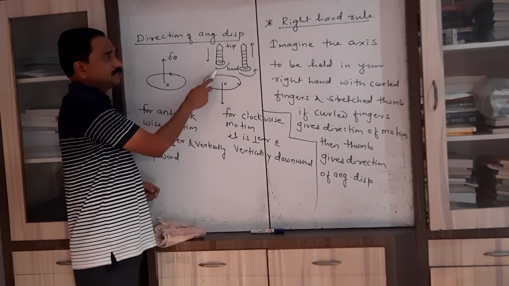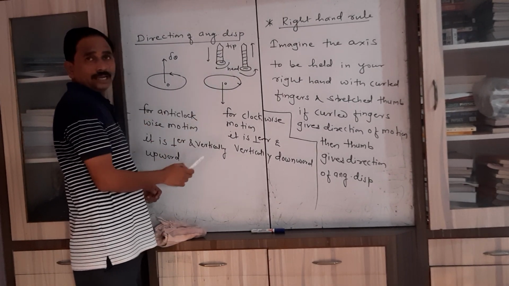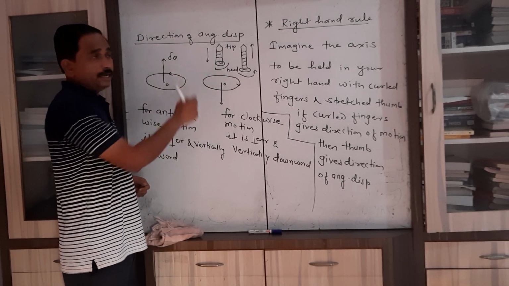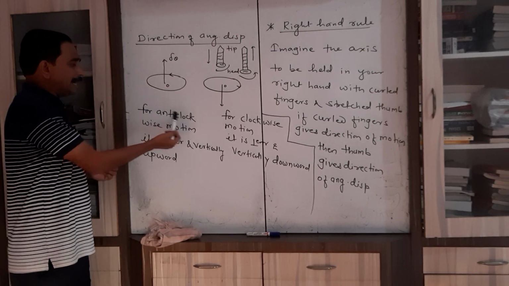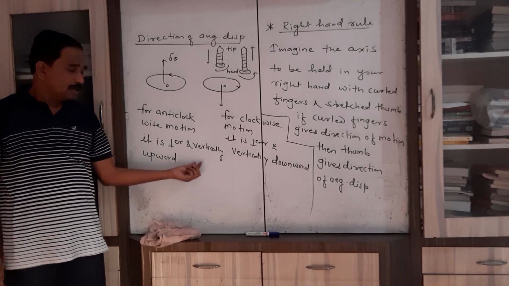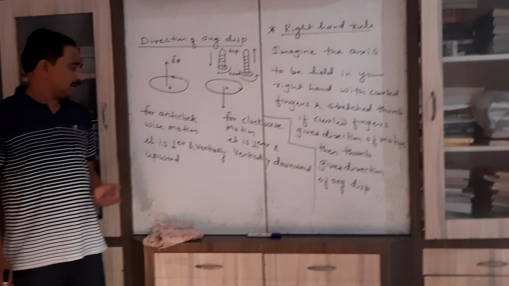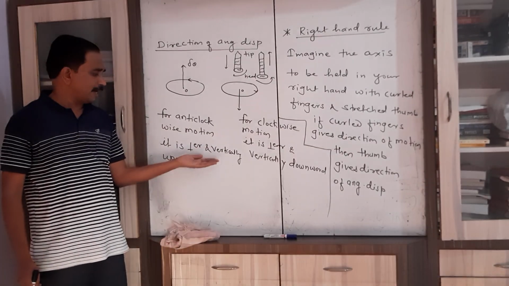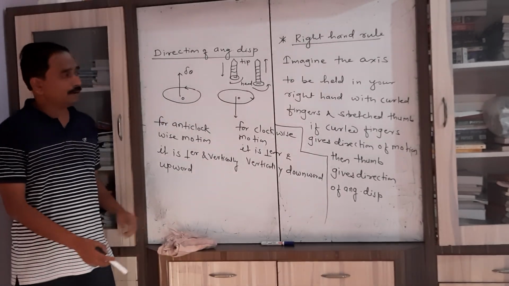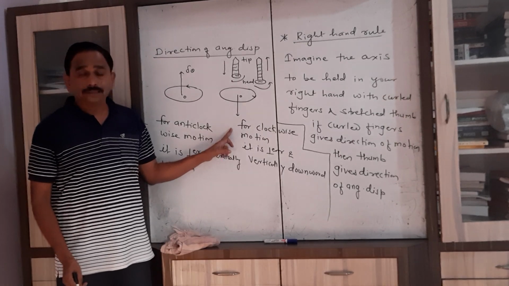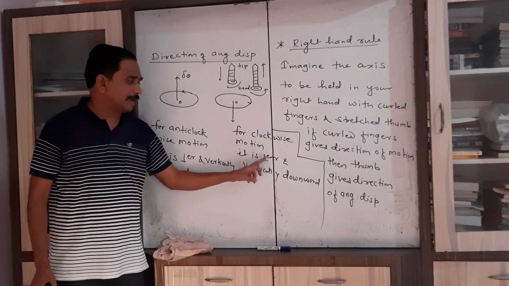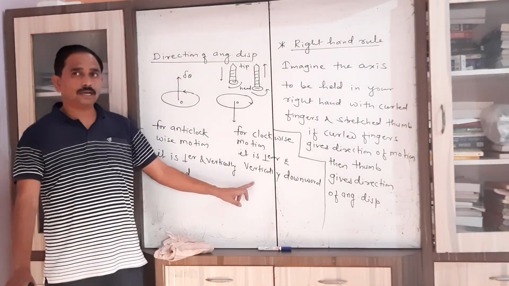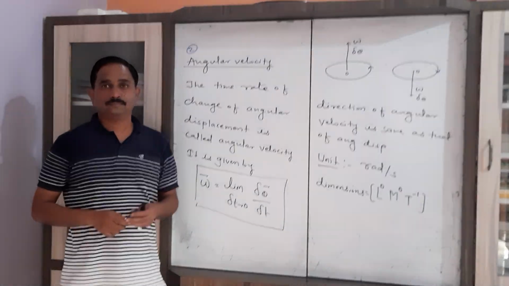If we rotate the same screw in clockwise direction, the tip moves downward. So for anti-clockwise motion, the direction of angular displacement is perpendicular and vertically upward, and for clockwise motion, the direction is again perpendicular but vertically downward.